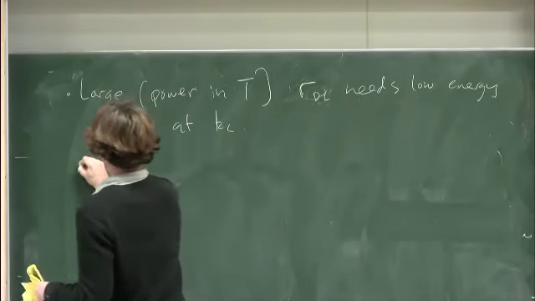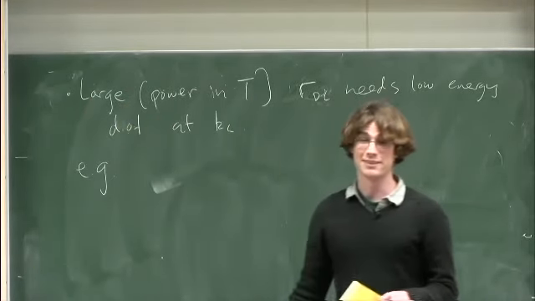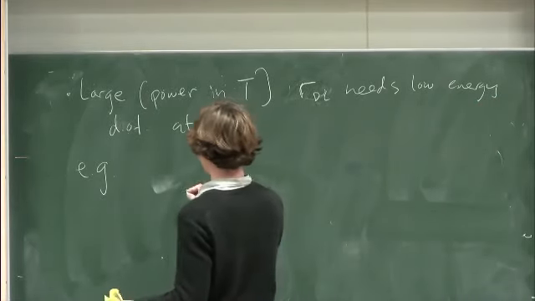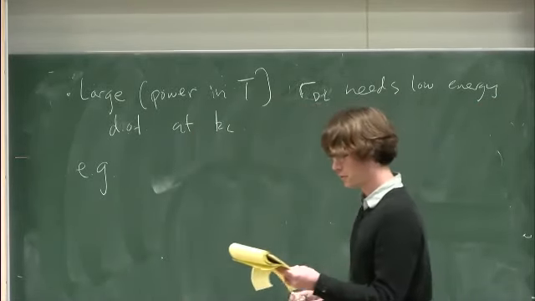Right. So let's do Fermi liquid theory, and let's see if we can get the T squared out of this formula. Fermi liquid theory is just free fermions with a Fermi surface.